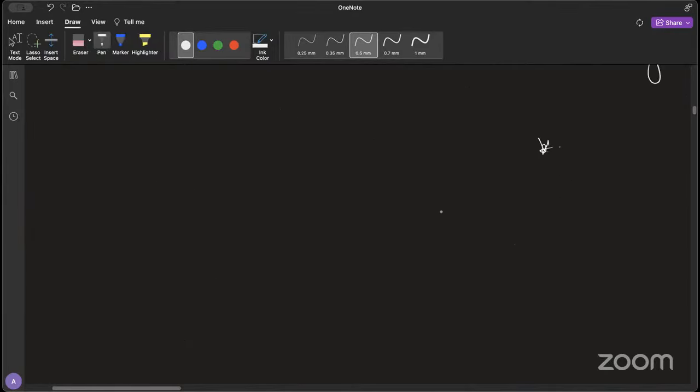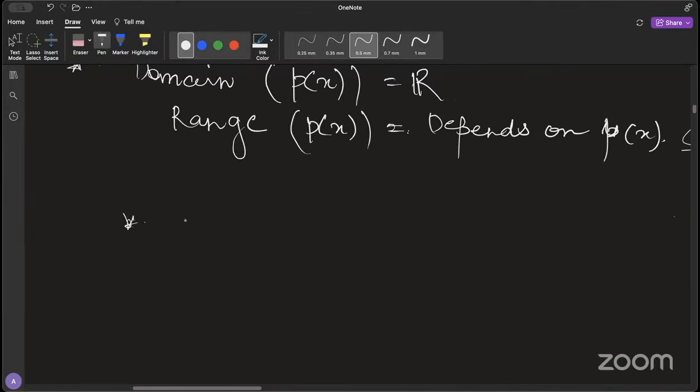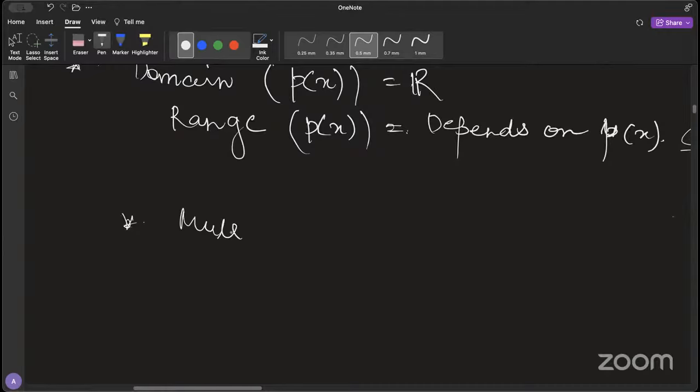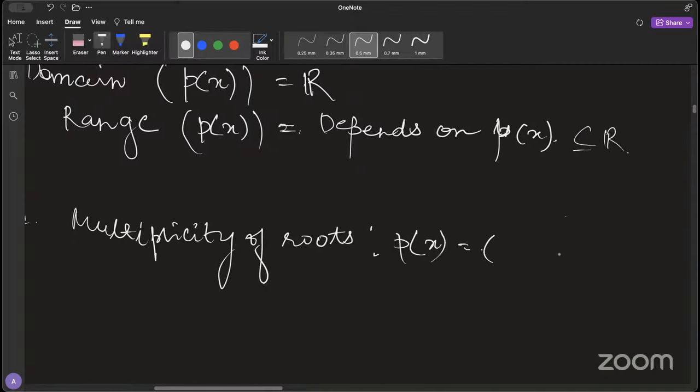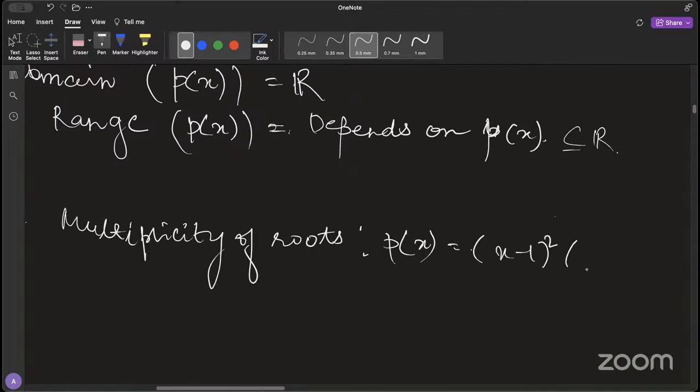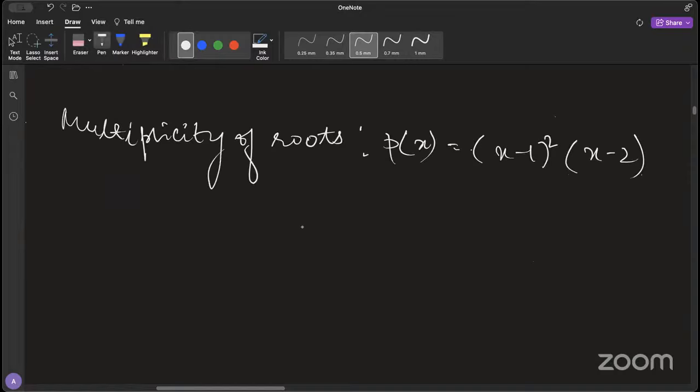So about the multiplicity of roots, let's say you have p(x) equals (x minus 1) squared times (x minus 2). Now this means your roots are, this is 0 here, this is 1 and this is 2. So you have a root at 1, then you have a root at 2.